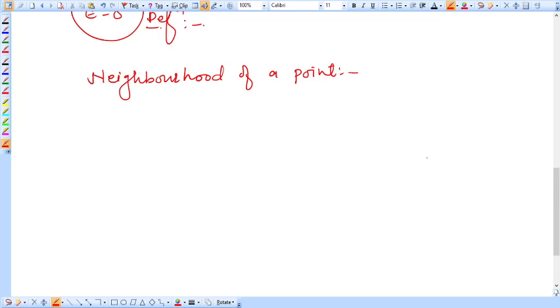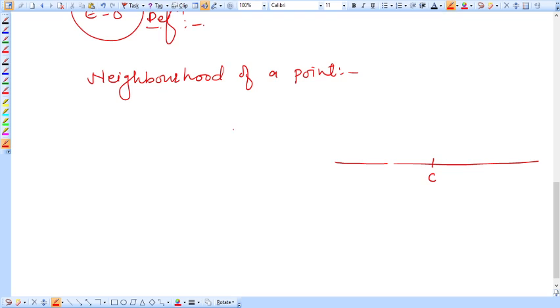Let us take a point. Assume that this is your real line, number line, and this is a point C.